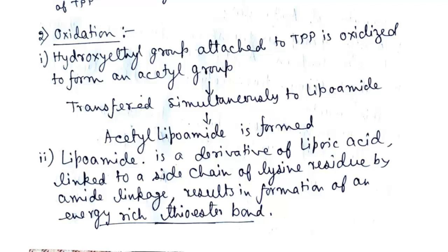Now what is the property of this lipoamide? Lipoamide is a derivative of lipoic acid. It is linked to a side chain of a lysine residue by amide linkage, resulting in formation of an energy-rich thioester bond.